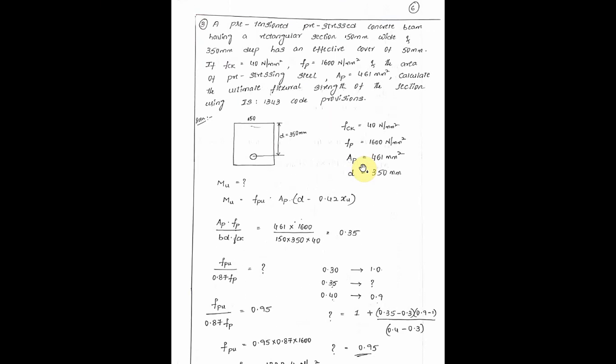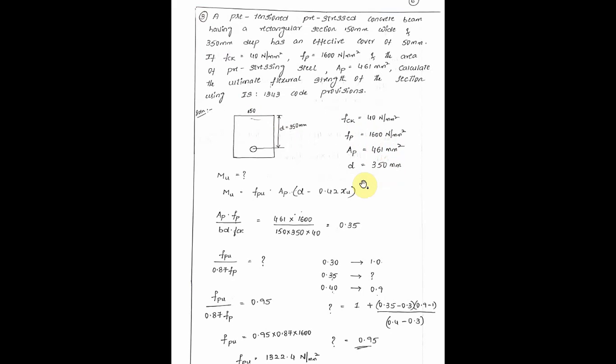Okay, this problem is completed. Then the third problem: a pre-tensioned pre-stressed concrete beam having a rectangular section 150 mm wide and 350 mm deep has an effective cover of 50 mm. If fck equal to 40 Newton per mm square and fp is equal to 1600 Newton per mm square, and the area of pre-stressing steel Ap is equal to 461 mm square, calculate the ultimate flexure strength of the section using IS 1343 codal provisions.